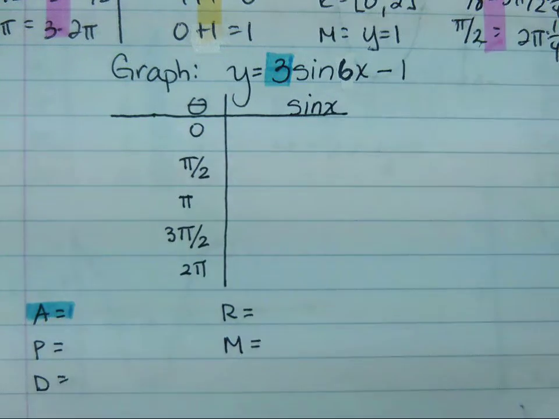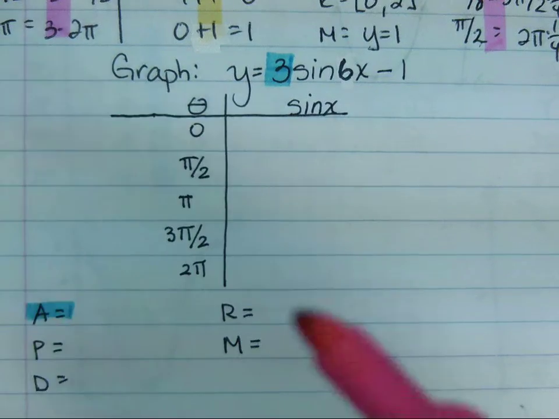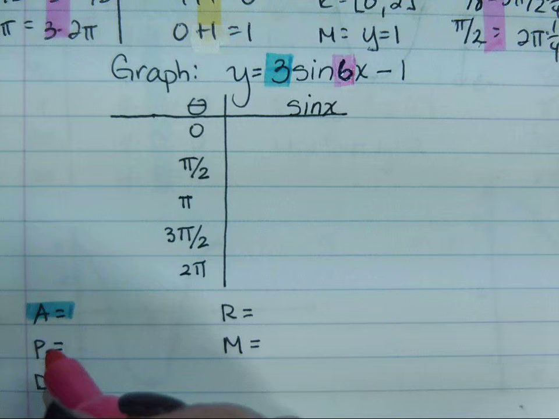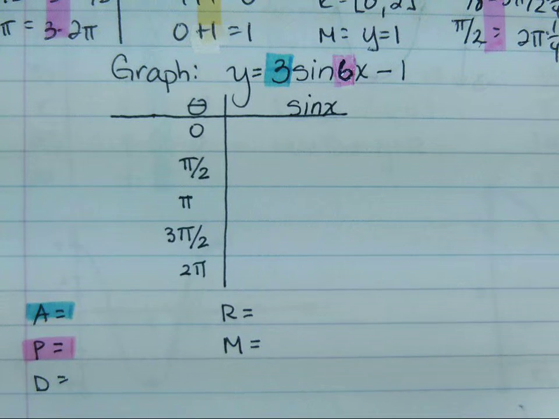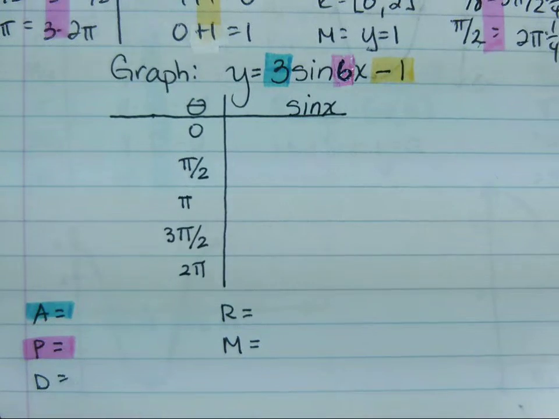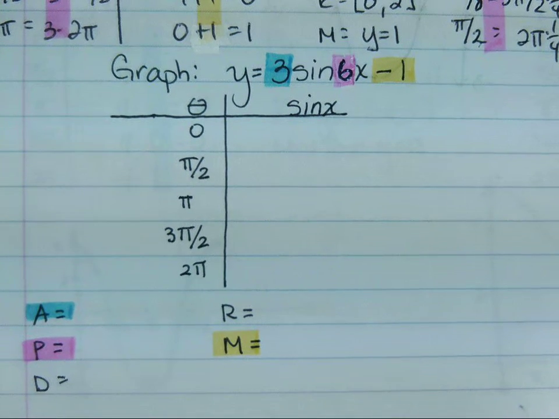We also have our B value, and this B value right here is going to be changing the period. And then you have your vertical shift, which is based off of your D value, and that's going to have a main effect on your midline. Now all of these will also have effects on the domain and range, but these are the three primary areas that we're going to want to focus on.